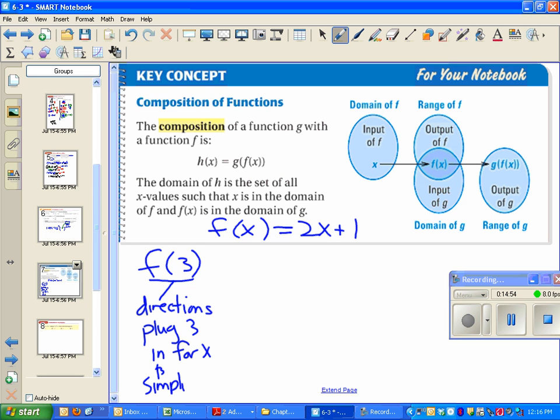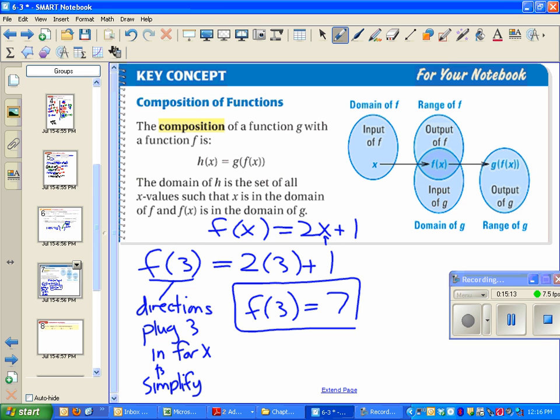So we're not going to subtract it, add it, nothing. So I'm going to find x. Look, there it is. And we have 2 times 3 plus 1. So f of 3 is going to be equal to 6 plus 1, which is 7. And so that would be finding f of 3.